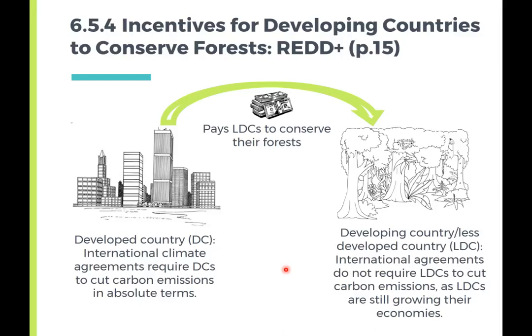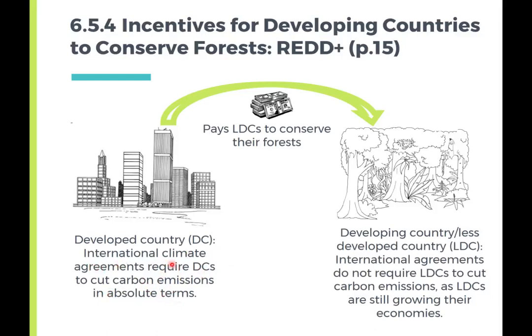Okay, so we know in our world today that some countries are more developed than others, right? So developed countries could be countries like Germany, the UK, Norway, and so on. Then less developed countries could be countries like Malaysia, Indonesia, Brazil, Argentina, and so on. Okay, so under international climate change agreements, this agreement only requires developed countries to cut their carbon emissions in absolute terms so as to reduce global warming.